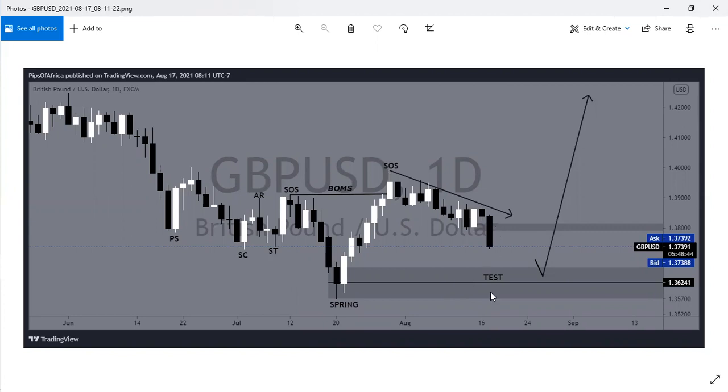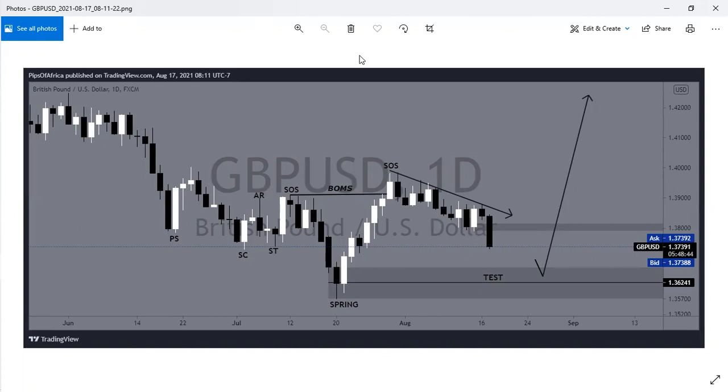Then I wanted the price to come back here to give me the test. So it was 17 August 2021, meaning last month. I took this picture on this day, 17 August, right?